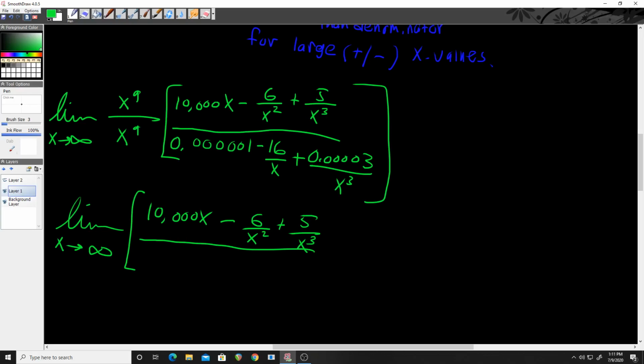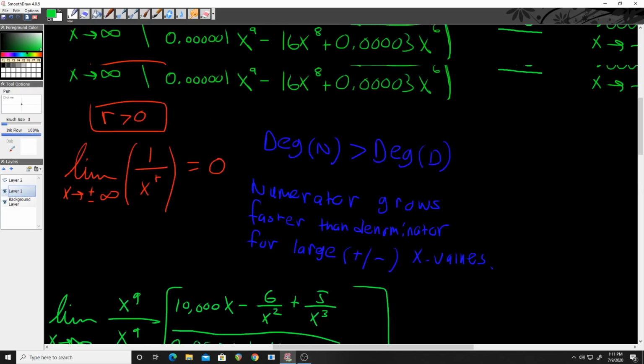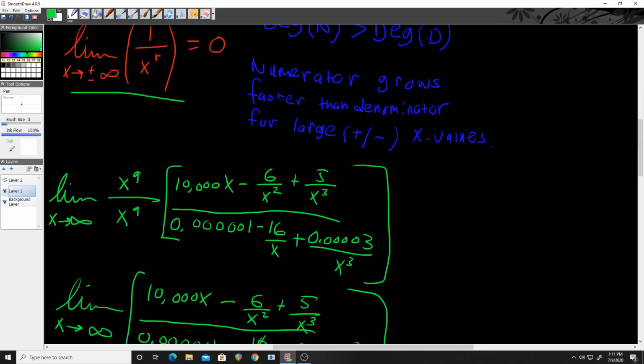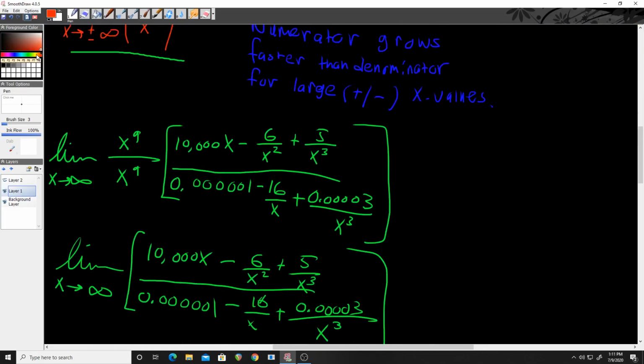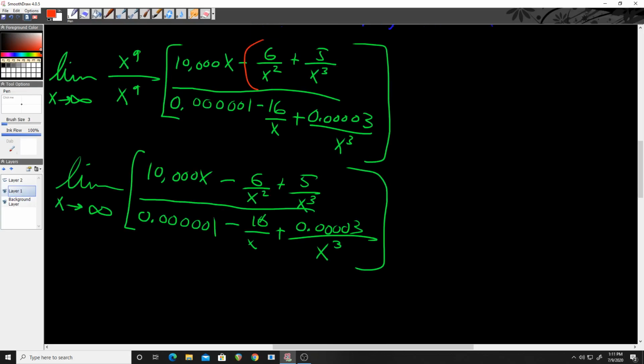And we get over 0.000001 minus 16 over x, that's going to go to 0, plus 0.12343 over, that's going to go to 0, okay? So again, we're using this thing in red again. So let's do it. This one goes to 0. This one goes to 0. This one also goes to 0. And this one also goes to 0.